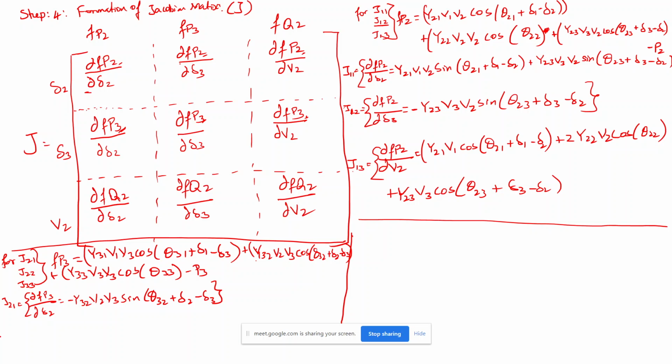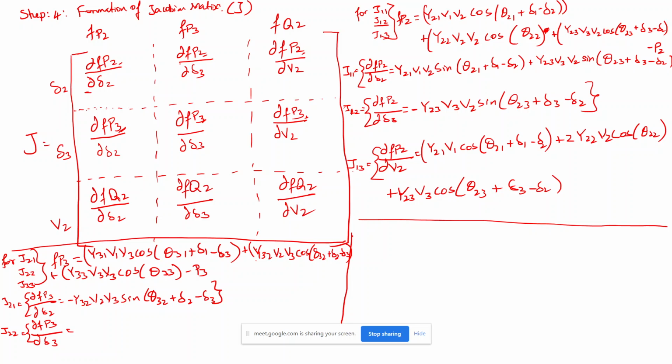And what about J22? J22 is dou FP3 divided by dou delta 3, and delta 3 is available in the first and second components. The third it is not available, so I will get the first two only.